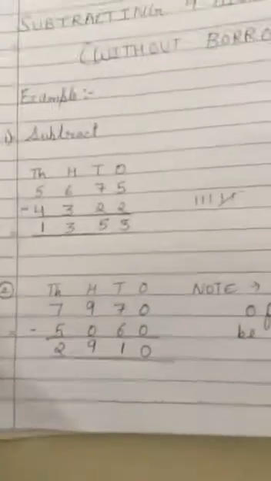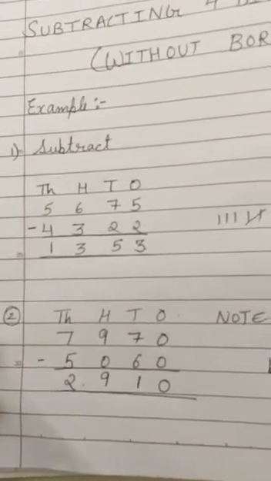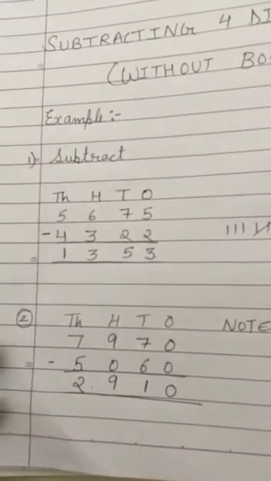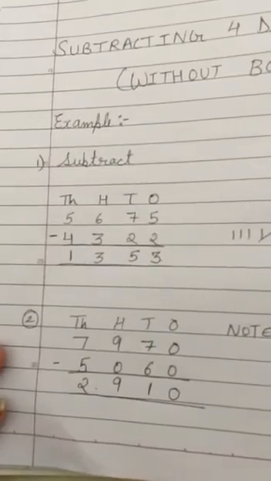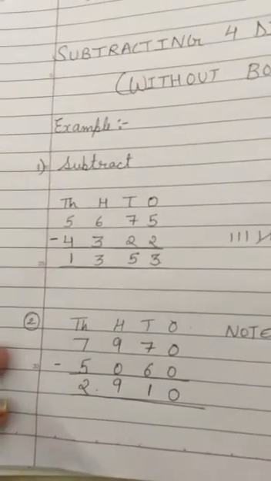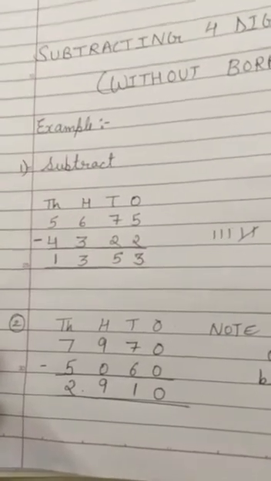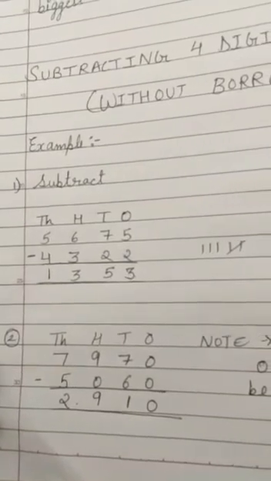So let's see the example where we have taken some digits to subtract as well. Here the first number is bigger than the second one. Because we cannot subtract the bigger digit from the smaller digit, I have written the smaller number below and the bigger number above.